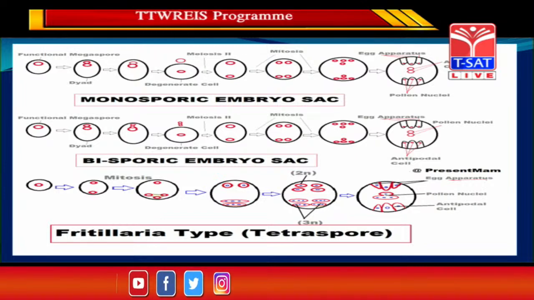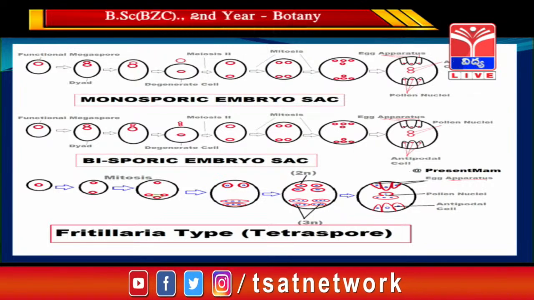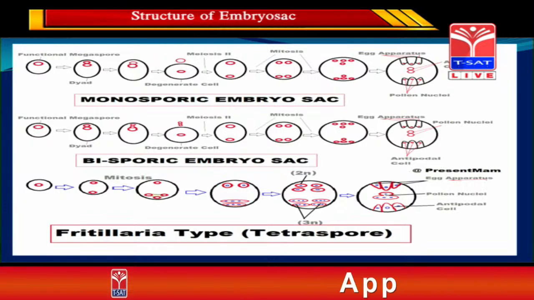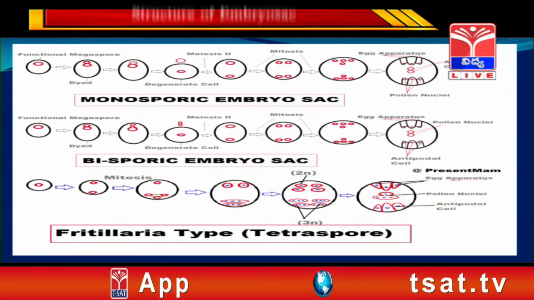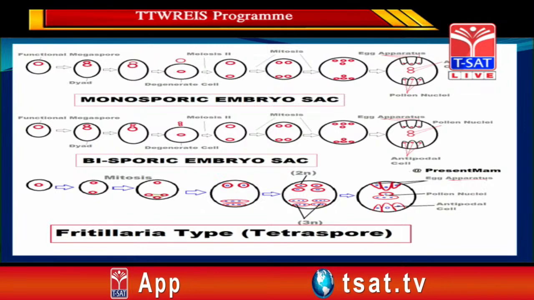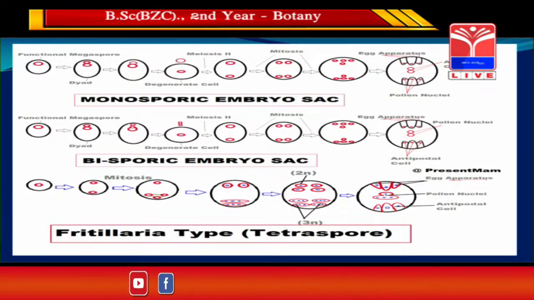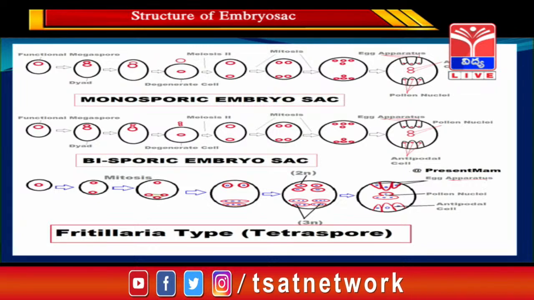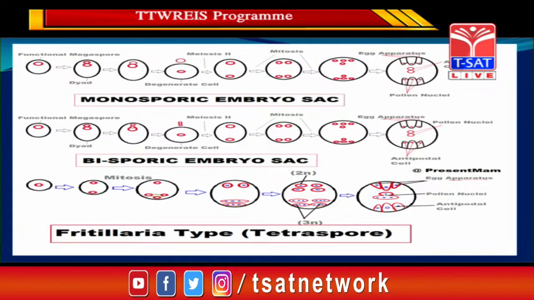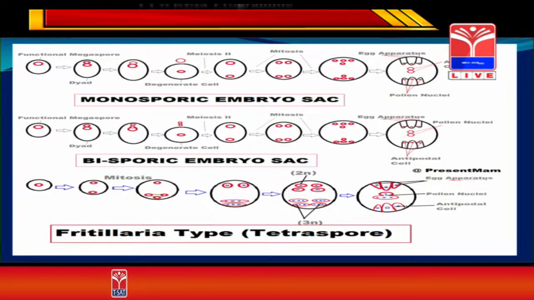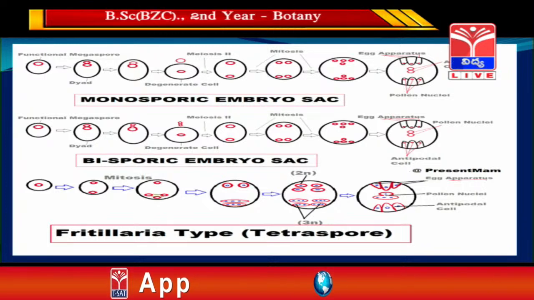Then the one cell undergoes mitotic division, then forms 2 nuclei. The 2 nuclei undergo division, then form 4 nuclei. These 4 nuclei undergo mitotic division, then form 8 nuclei. The 8 nuclei are arranged with 3 nuclei at the micropylar end and 3 nuclei at the chalazal end. The remaining 2 are in the middle of the embryo sac. This is the formation of the monosporic embryo sac.